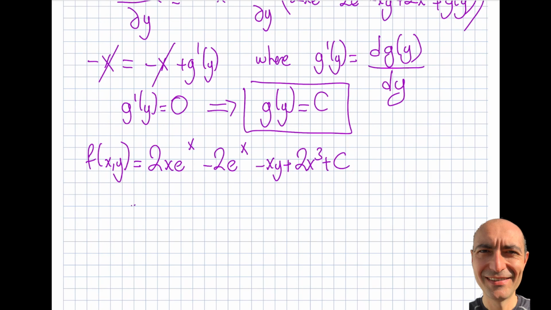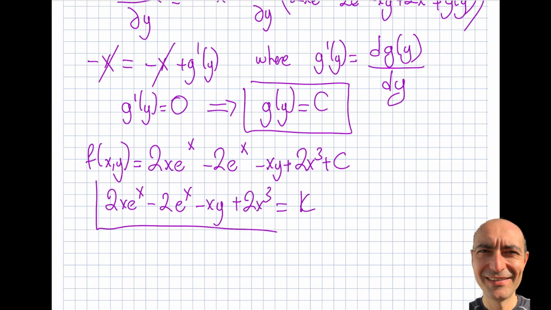And now that will be my final answer: 2x e to the x minus 2 e to the x minus xy plus 2x cubed is equal to k. So obviously k is c minus whatever the integration constant of f(x, y) is, all right? So it's an arbitrary constant.